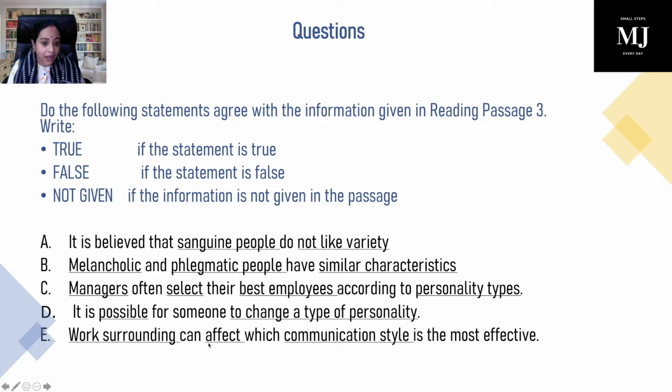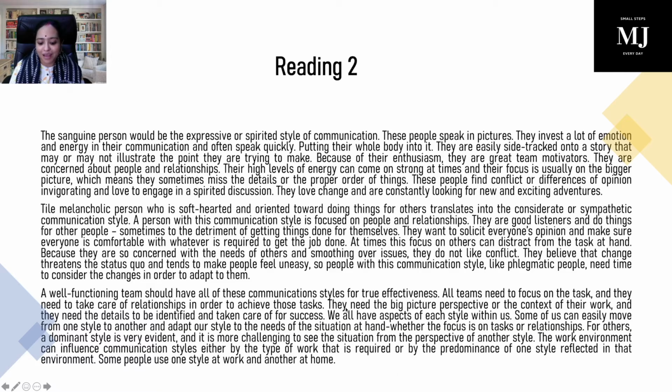Affect can have an impact, it can have an effect. All of those can be your paraphrase or synonyms. Which communication style? So style to communicate, style of communication, something like that can be paraphrased. So think about work surrounding and try to locate it in this passage.